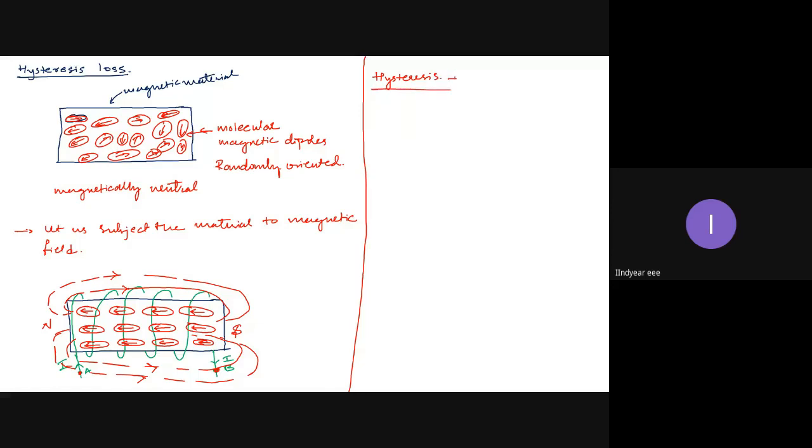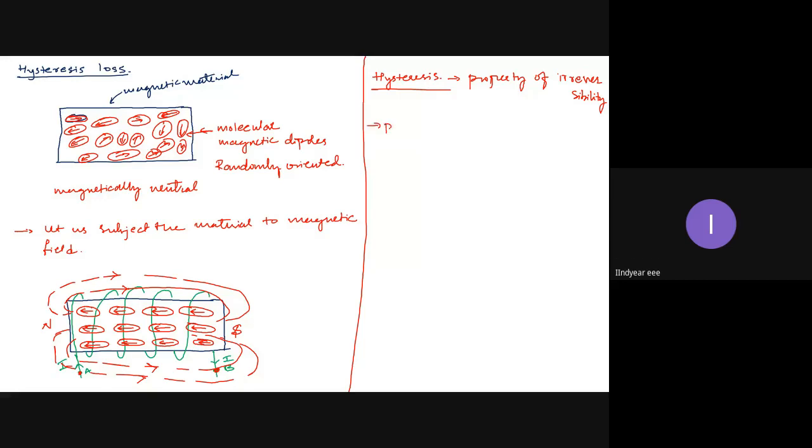Hysteresis is the property of irreversibility. Irreversibility of what? Irreversibility of orientation and deorientation of molecular magnets. So what is hysteresis?